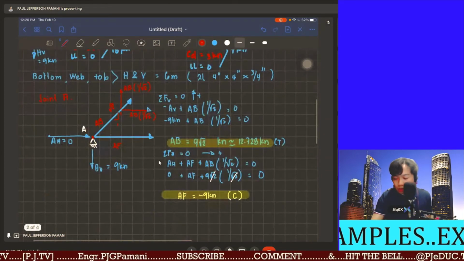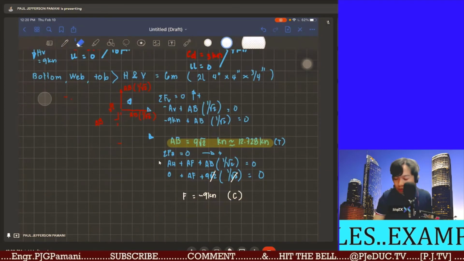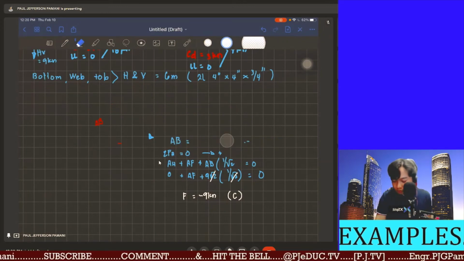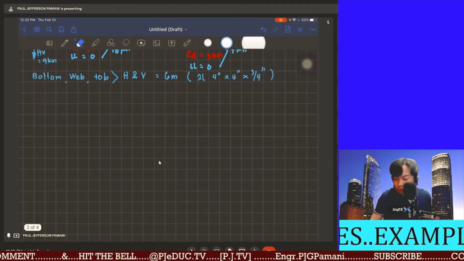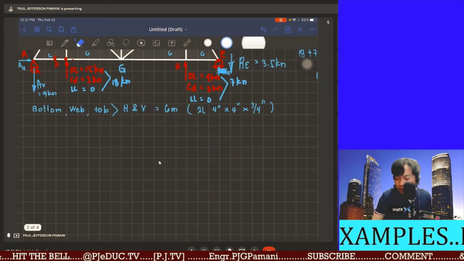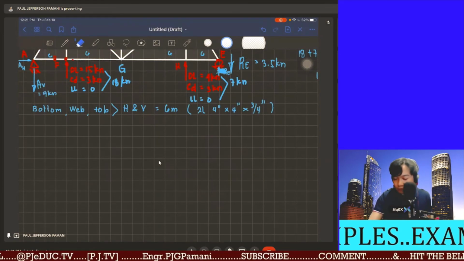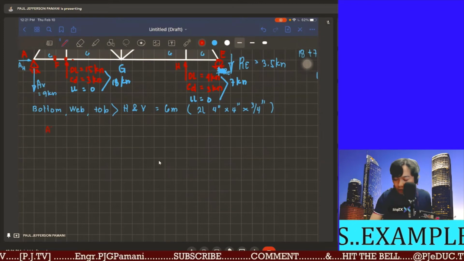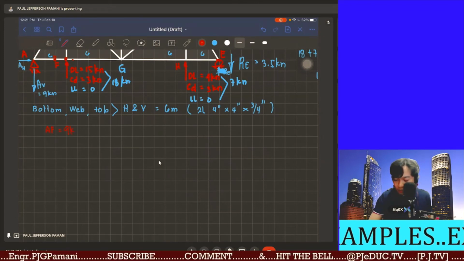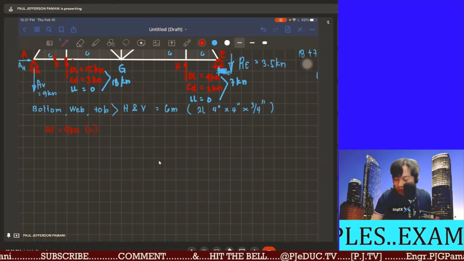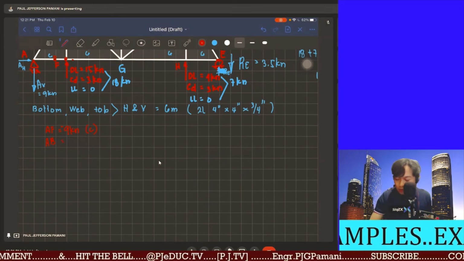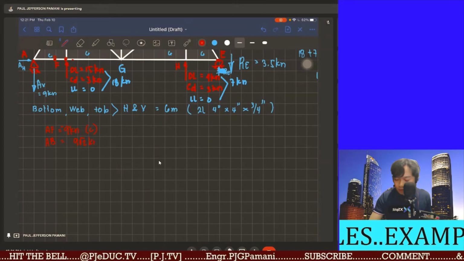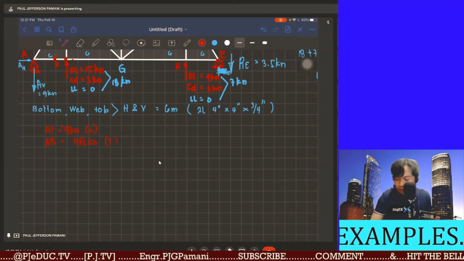Moving on to joint F, knowing that member AF is equal to 9 kilonewton, compression, negative. Then AB is equal to 9 square root of 2 kilonewton, tension.